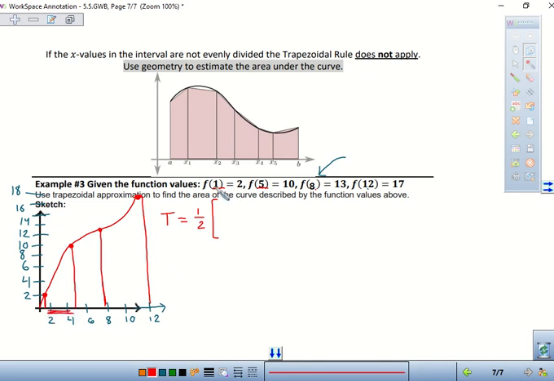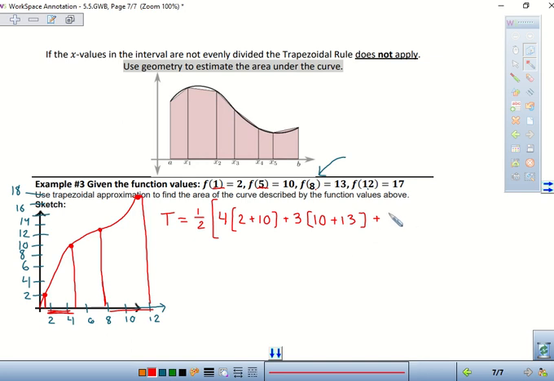So what would be the width from 1 to 5? 4. And then it's the 2 y values, so 2 plus 10. What's the width of this one here? From 5 to 8? 3. And what are my 2 y values? 10 and 13. And then lastly, the last width is going to be pretty big.